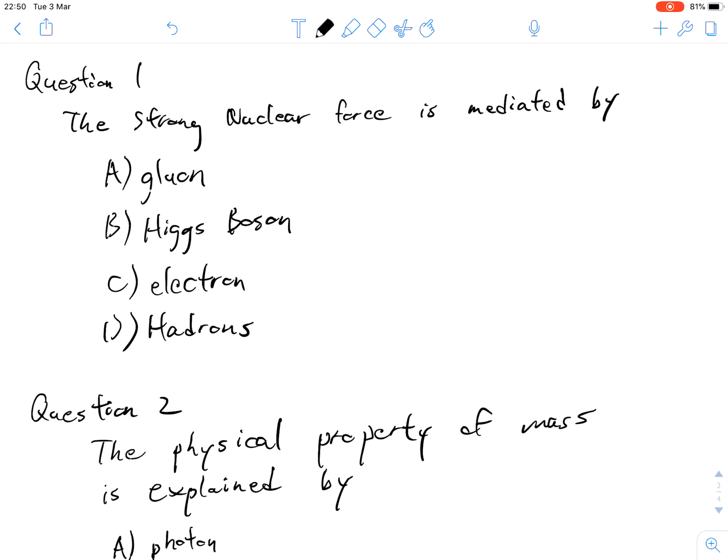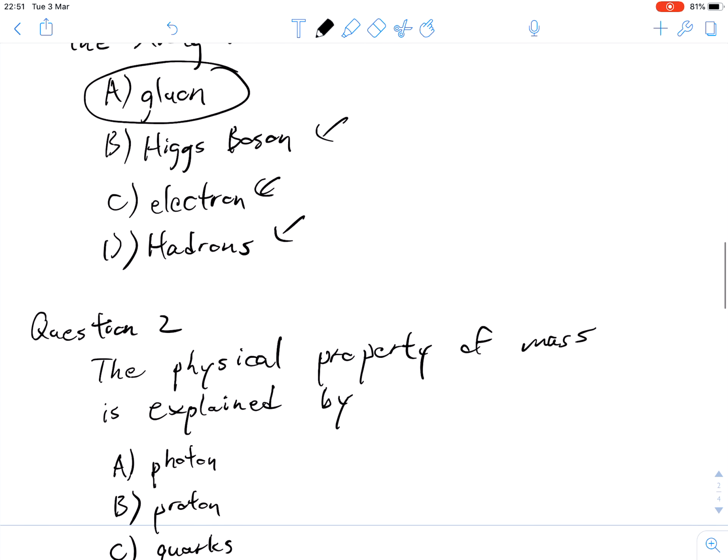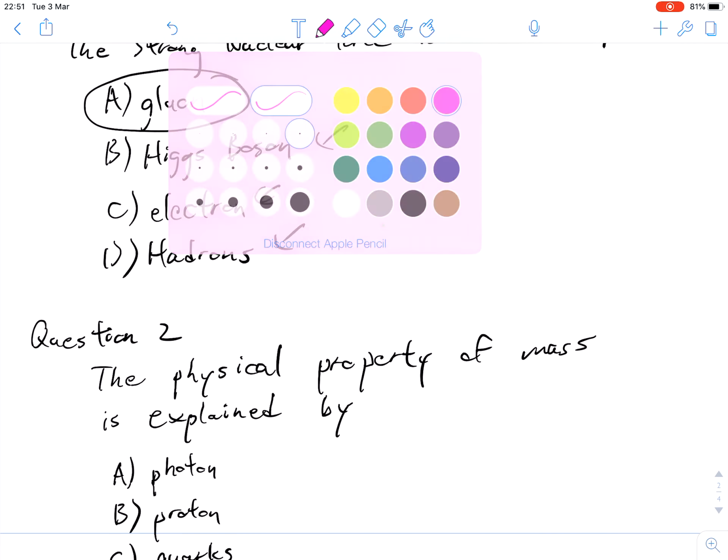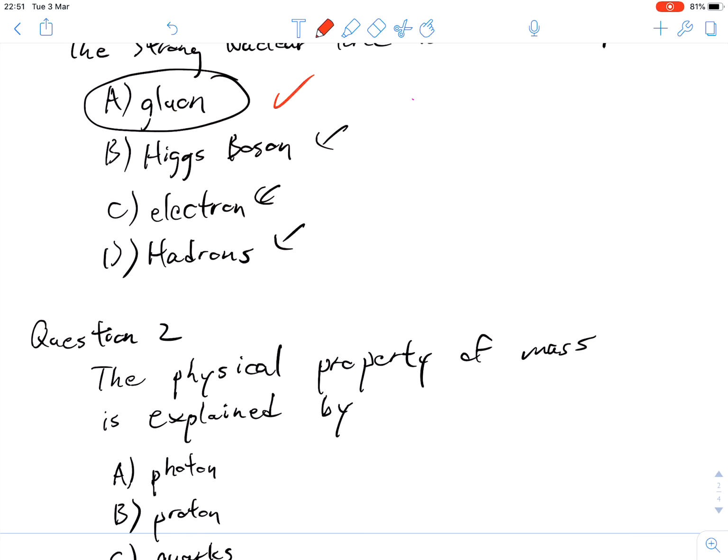The strong nuclear force is mediated by, and this is quite obvious here, the gluon. It's not the Higgs boson, not the electron, not hadrons for sure. This is the correct answer, and these are incorrect.